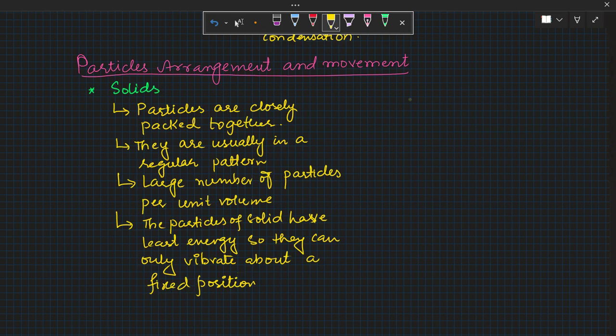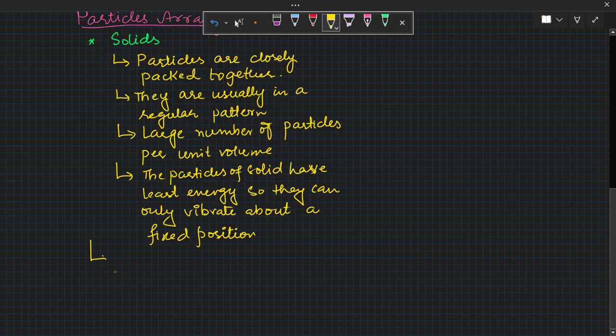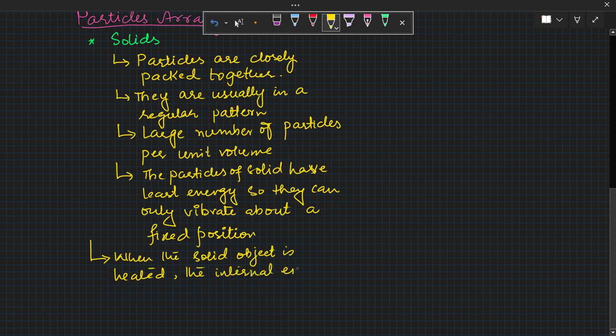So what happens if we supply heat to the solid substance? It can melt. So when the solid object is heated, what happens? The internal energy increases.